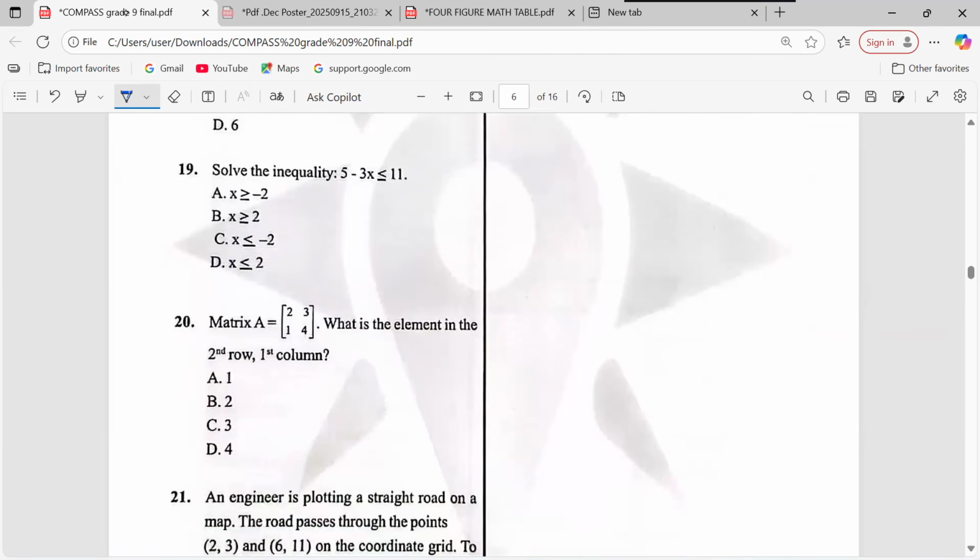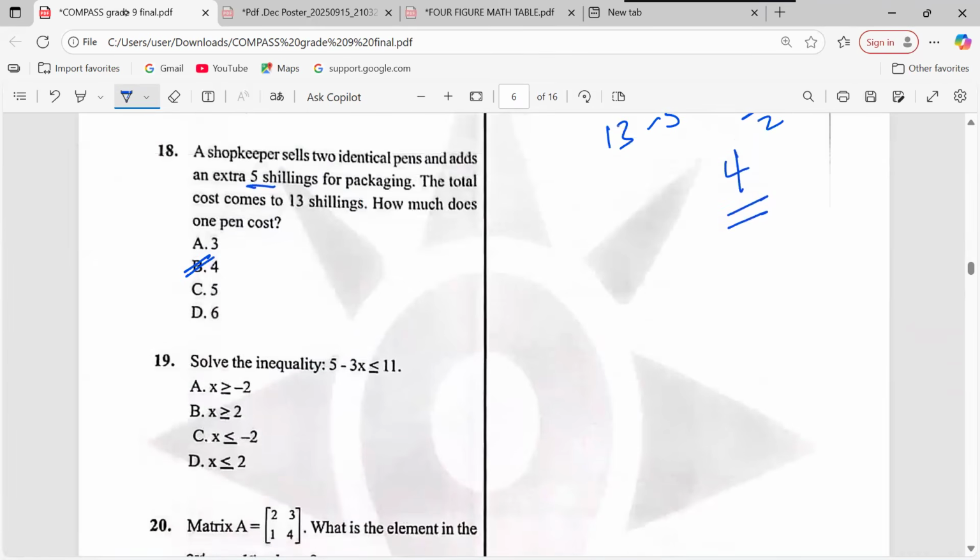Solve the inequality. 5 minus 3x less than or equal to 11. We should organize this one very well. Remember, we are having 5 and 11, so we can have negative 3x less than or equal to positive 6.